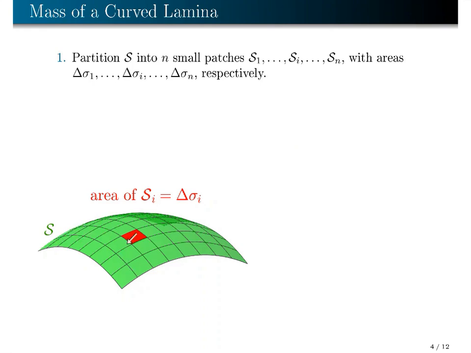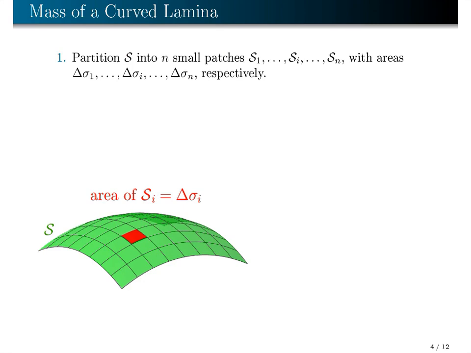For the partition part, we divide the lamina S into small patches, as shown here in the figure. We assume that there are n patches, labeled S1 up to Sn, with respective surface areas delta sigma 1 up to delta sigma n.